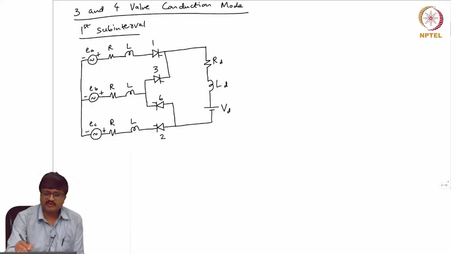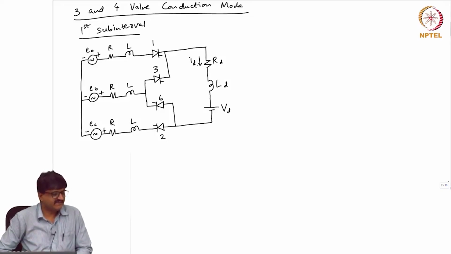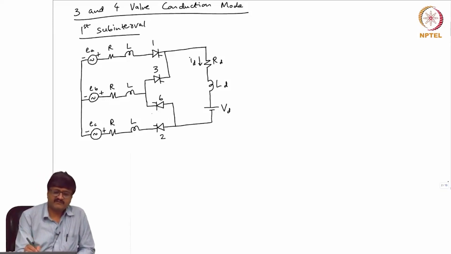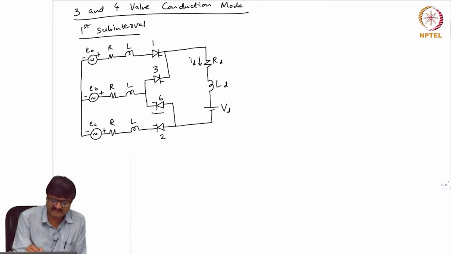There is one loop current ID flowing through RD, LD, VD, and we consider one of the elements of X1 as the current through the outgoing valve, that is I6. So, I6 becomes 0 at the end of the first subinterval.